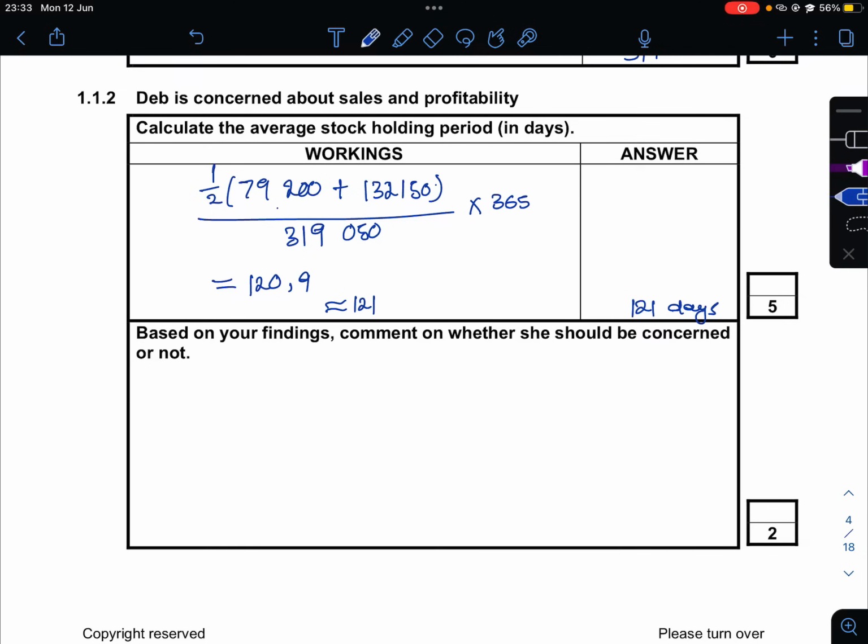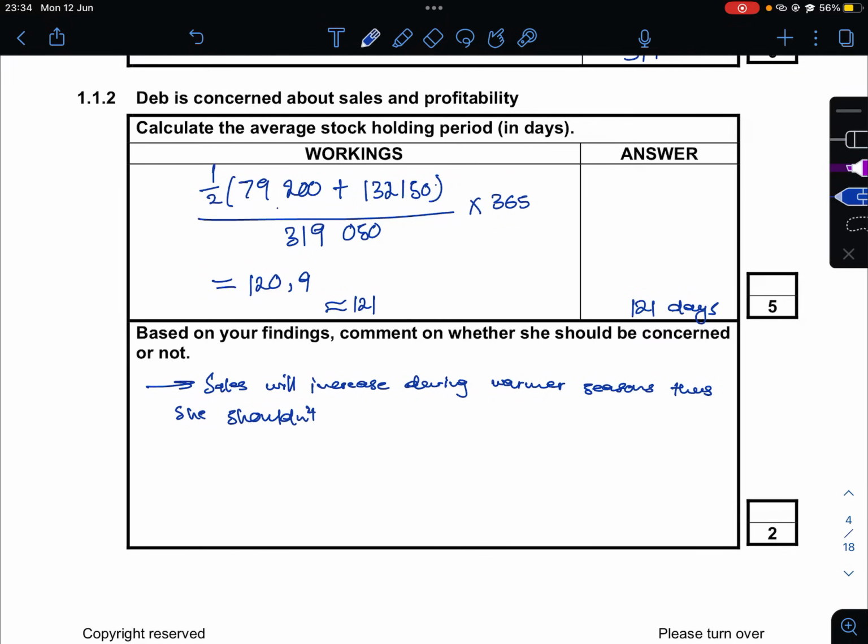So let's just say sales will increase during warmer seasons. Thus she should not be concerned.